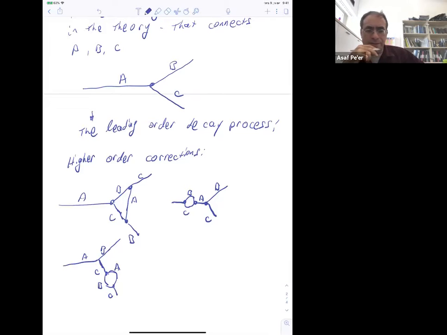The only other one that I think we can have right now is this: A, C, B, turn into an A and C, and then they will merge together to a B. I think these are all the options we can have for three vertices. But once the number of vertices increases, say 5 vertices, the number of diagrams is going to increasingly grow. But of course, the contribution of each diagram is going to be much smaller, so that is quite fortunate.